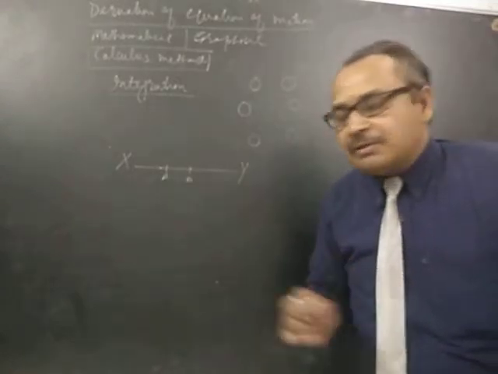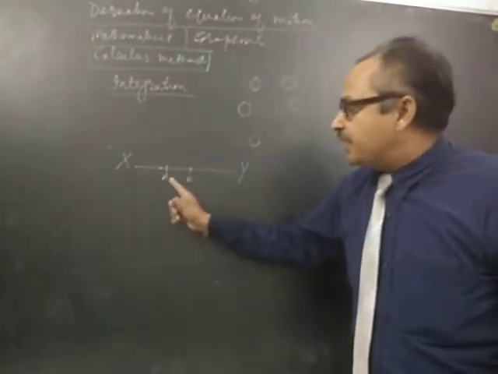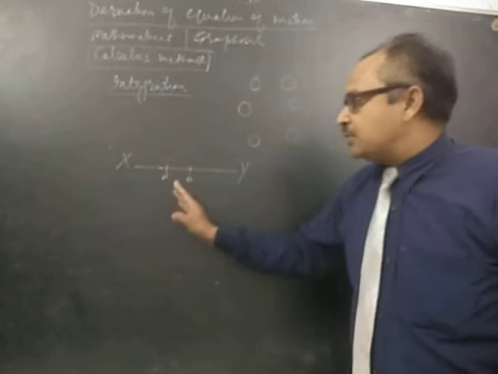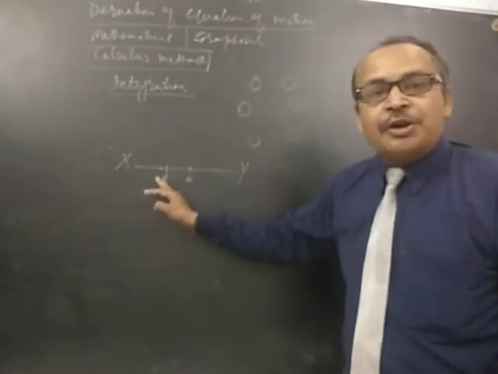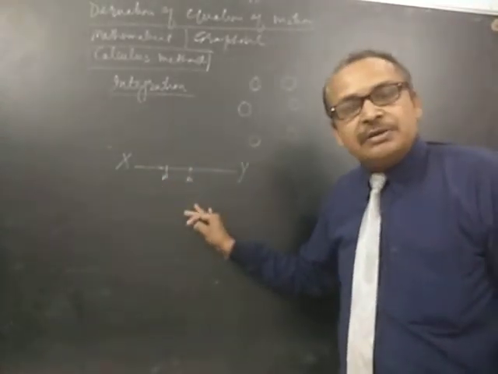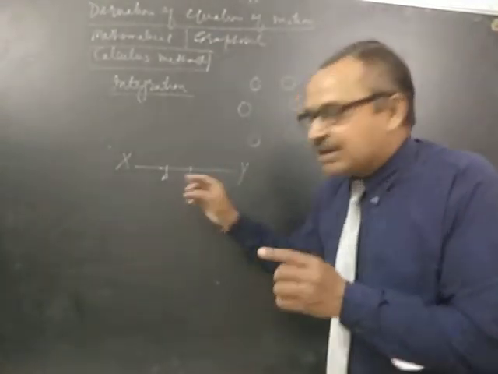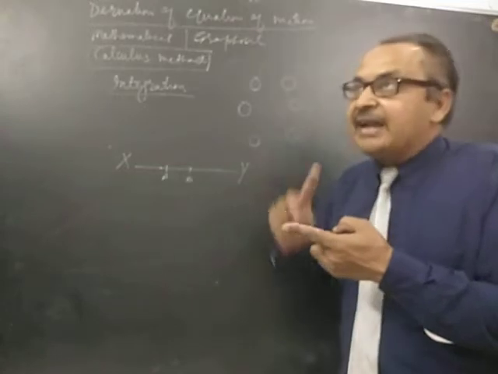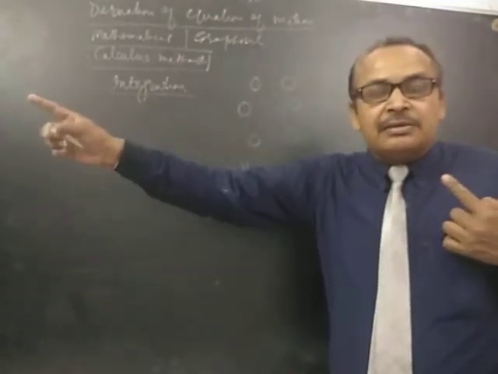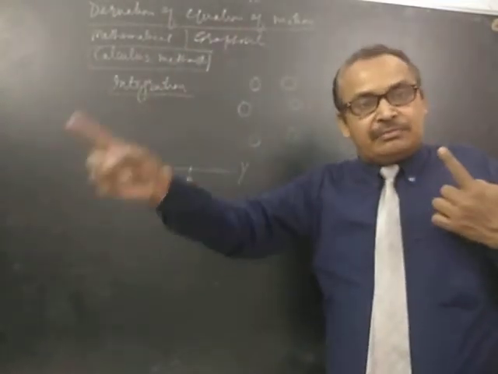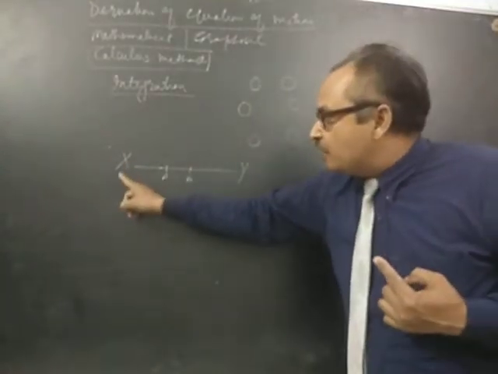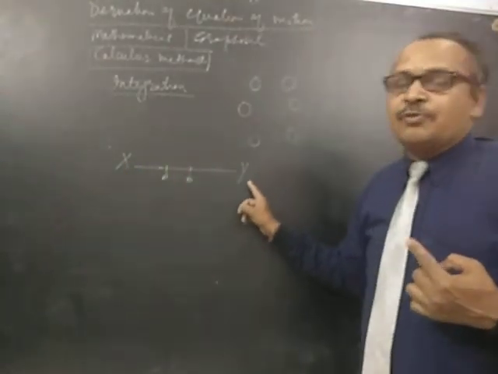Now I am trying to take the motion of this body from A to B. We will get some conclusion from there, and using that conclusion, we will try to find the same when implemented from X to Y.